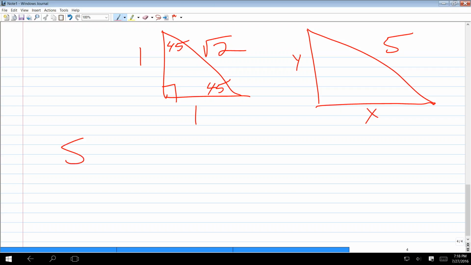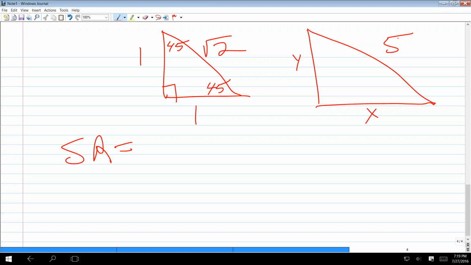What's the similarity ratio? First of all, which is the bigger triangle? One with the 5? Yeah. I mean, square root of 2 is 1.4. This is 5. That's bigger than 1.4.